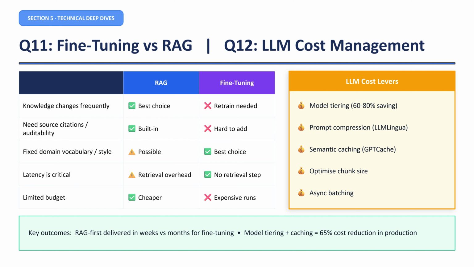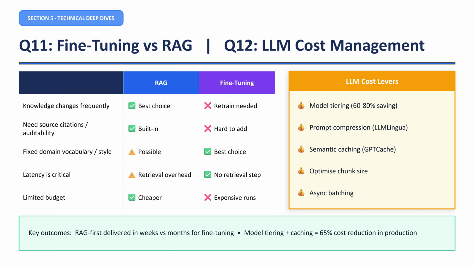RAG is the better choice when knowledge changes frequently, like new documents, new regulations, or new prices; when you need source citation and full auditability; when budget is limited because fine-tuning runs are expensive; and when your knowledge base is large because RAG scales better.